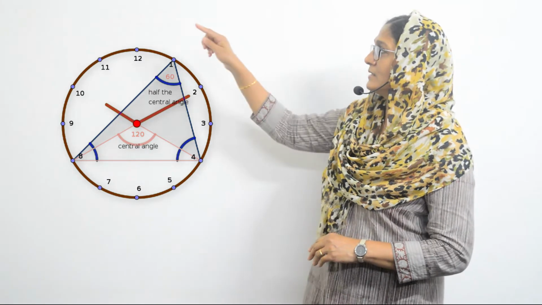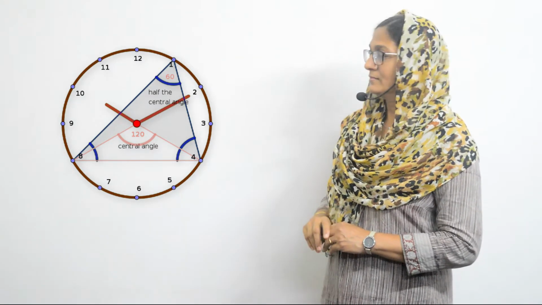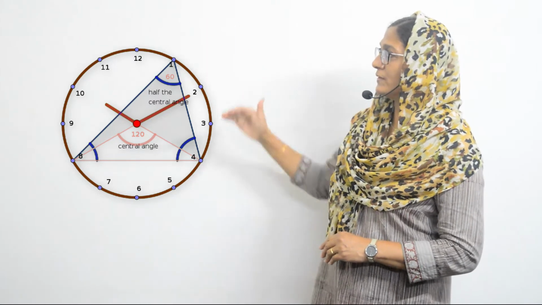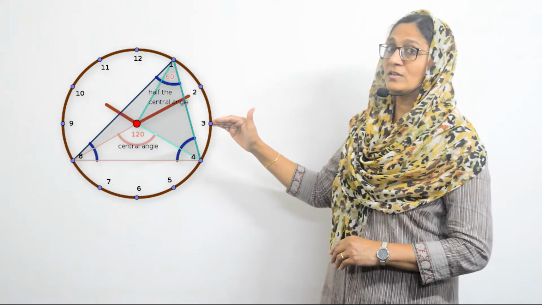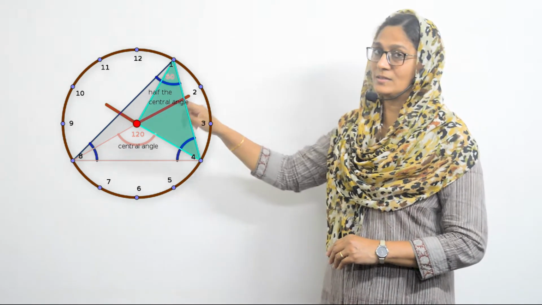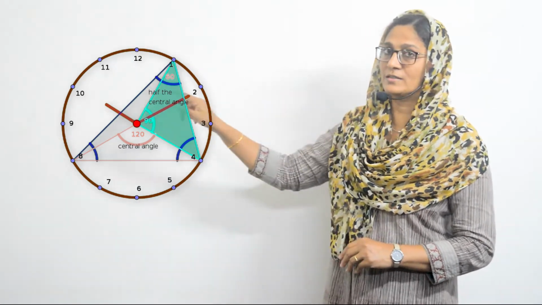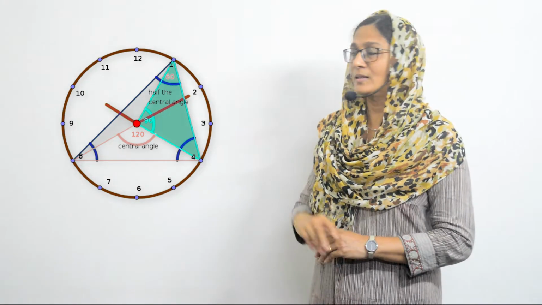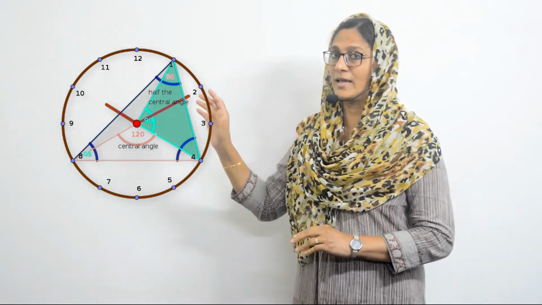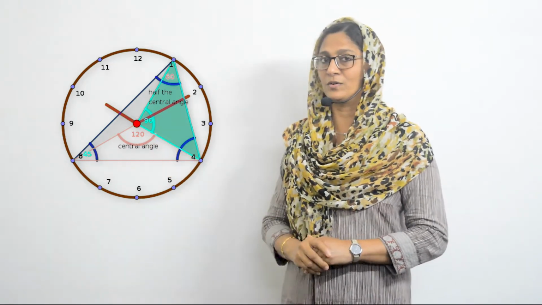Similarly, we can see the numbers 1 and 4. From 1 to 4 we have 3 divisions. So 30 into 3 is 90 degrees. The central angle between 1 and 4 is 90 degrees. And so the angle in the opposite arc will be half of 90, that is 45.